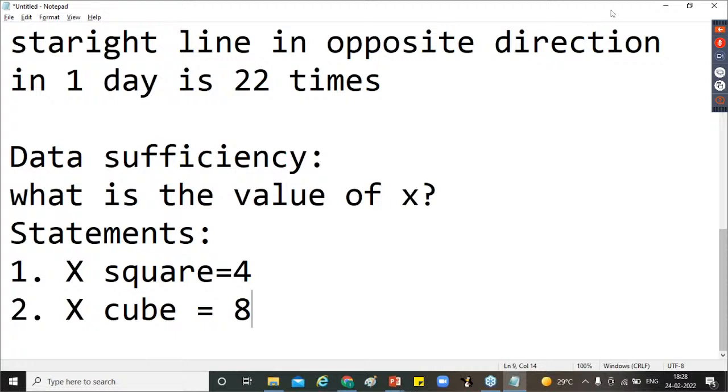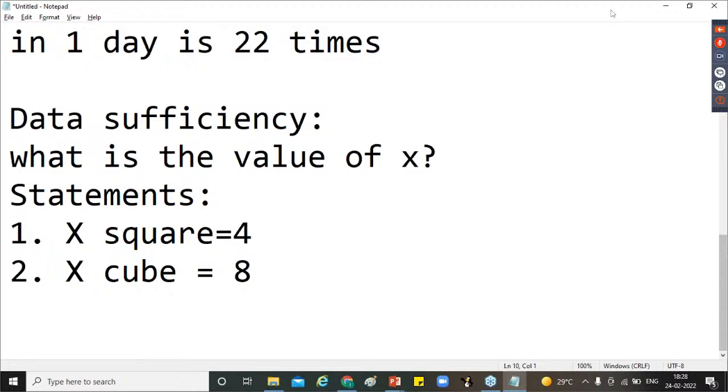Sometimes they may give 3 statements also. To find the value of x, we don't want the exact value of x. Which statement is sufficient to answer the given question? For example, it looks very simple.